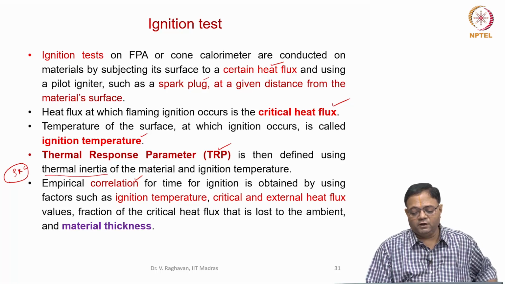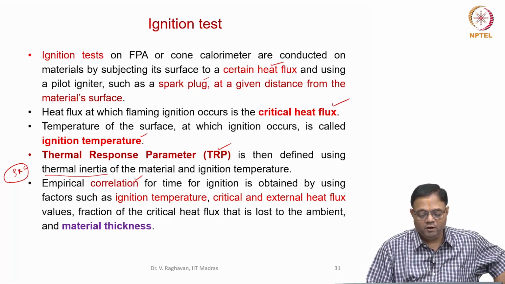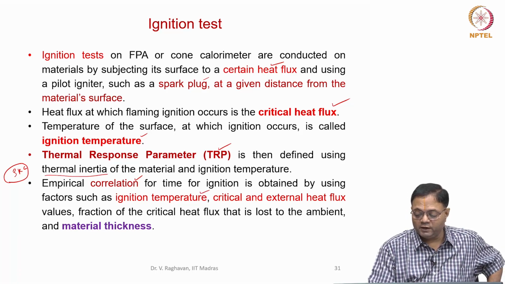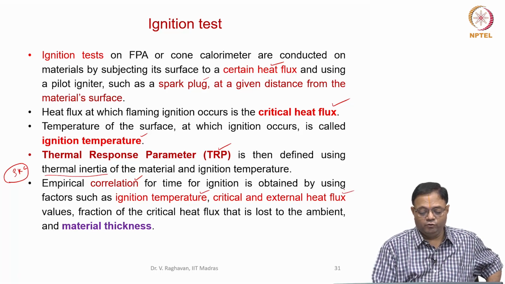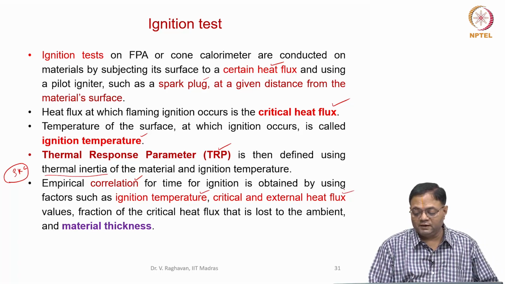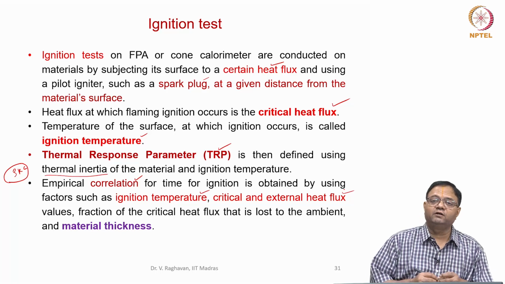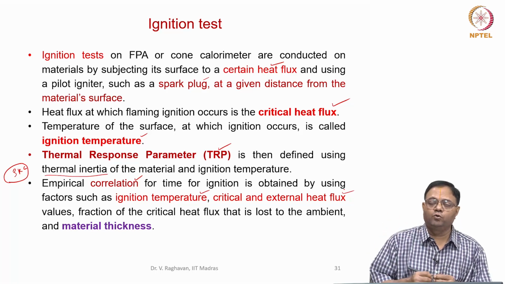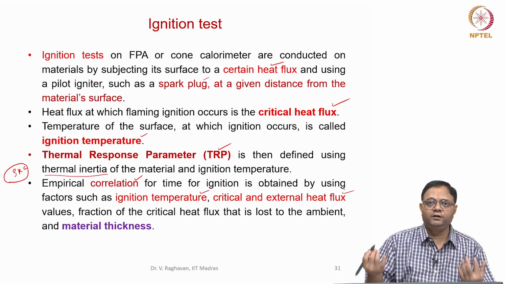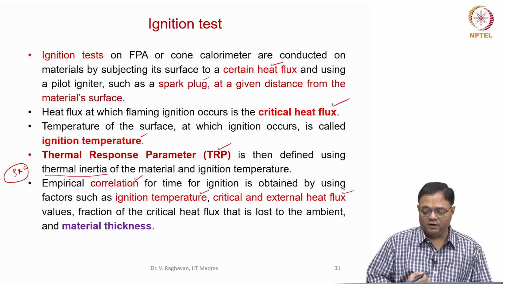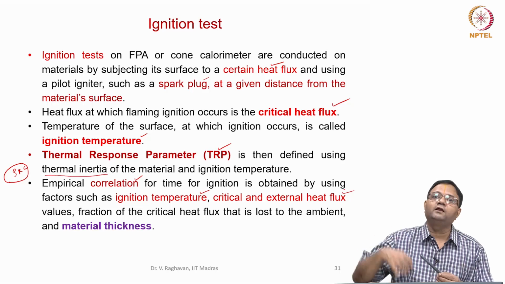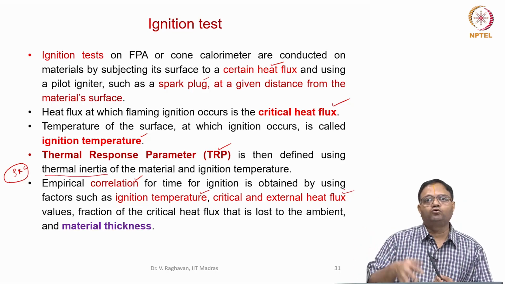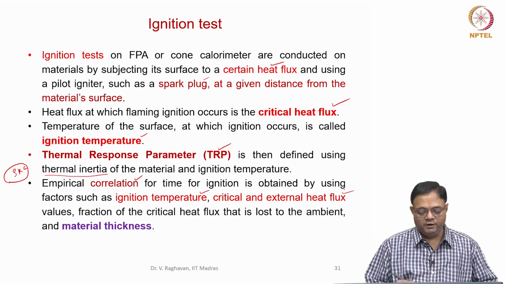The empirical correlation for time of ignition is obtained by using ignition temperature, critical heat flux and external heat flux values. The critical heat flux comes from the test, from the conical heater or the infrared heaters. External heat flux is any other heat source that can also cause heat flux to the material.